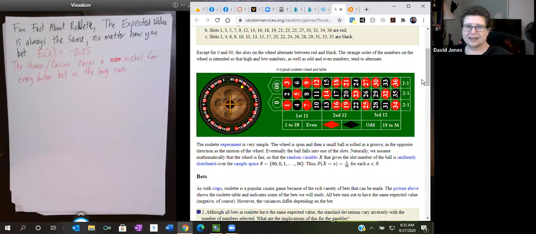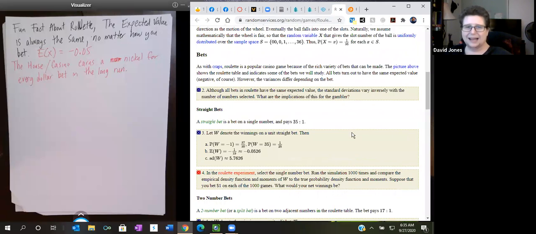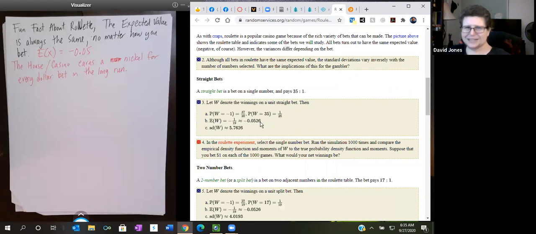This actually is a good site. It shows it. It even talks about it. The probability is 1 out of 38, and it goes through and shows them. Oh, look, it even shows expected W is winnings. They use W instead of X. Expected winnings at negative 0.05 or 5 cents. And they took it to even a few more decimal places. So if I did 10,000, it would actually be $526, not $500.